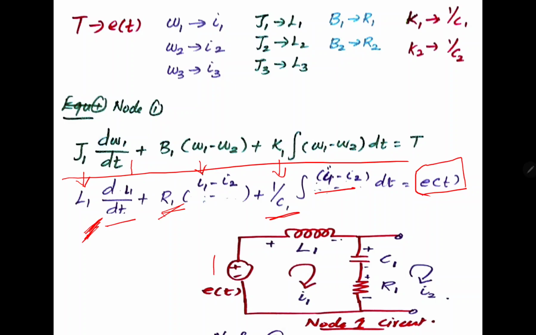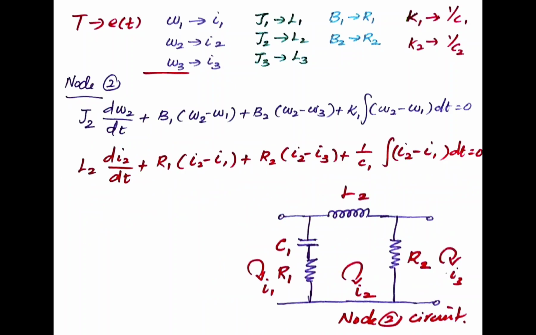So I'm starting with the voltage source, then connecting an inductor L1, then a capacitor and the resistor in series, which are common to loop 1 and loop 2. So this is the electrical circuit of the mechanical rotational system. Similarly, we are going to draw the circuit for equation 2 and equation 3.